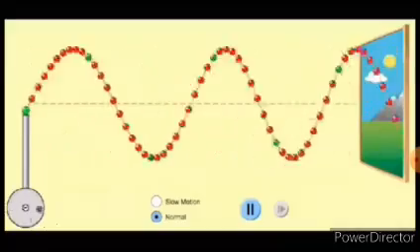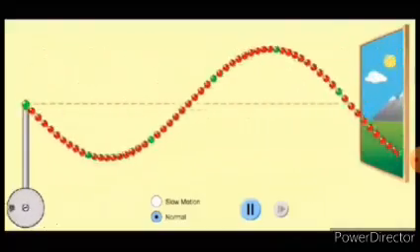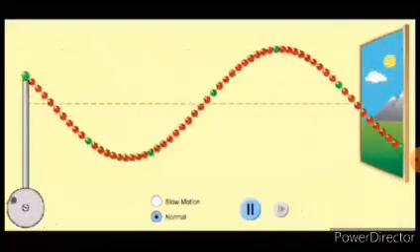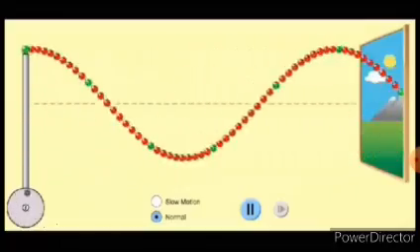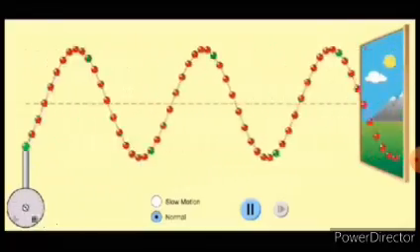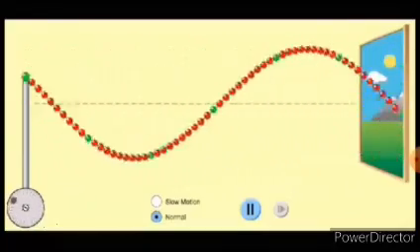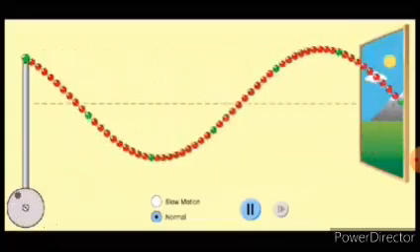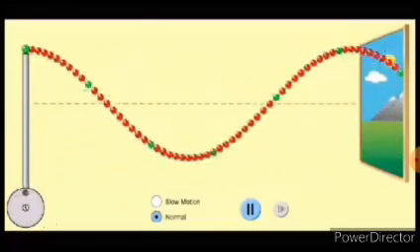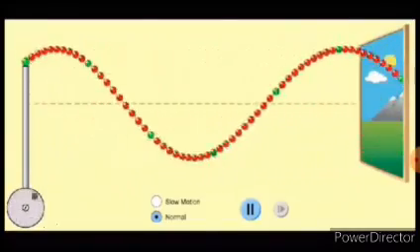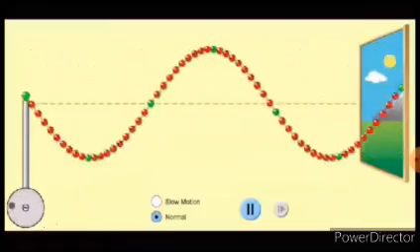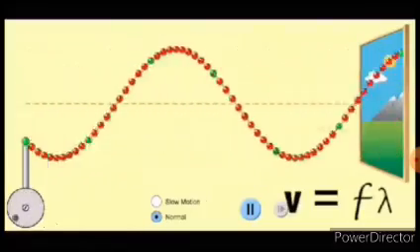As one increases, the other decreases. If you want to know something that doesn't change, it is the speed. The speed remains constant if we increase or decrease the frequency. The speed of the wave remains the same.